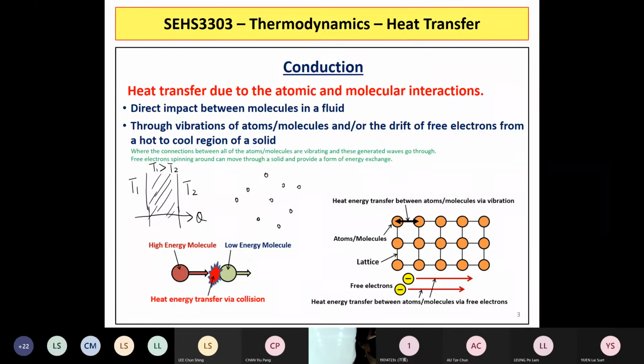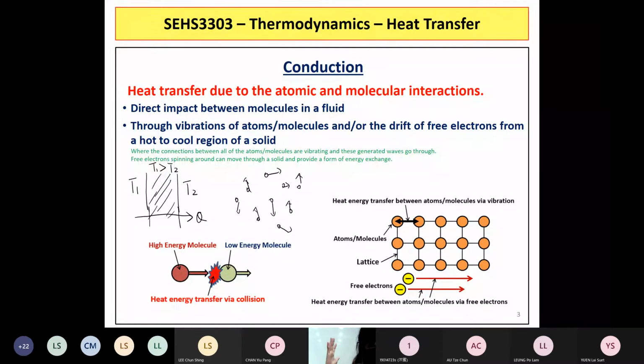Very irregular with different velocity. These molecules keep moving around with different velocity.